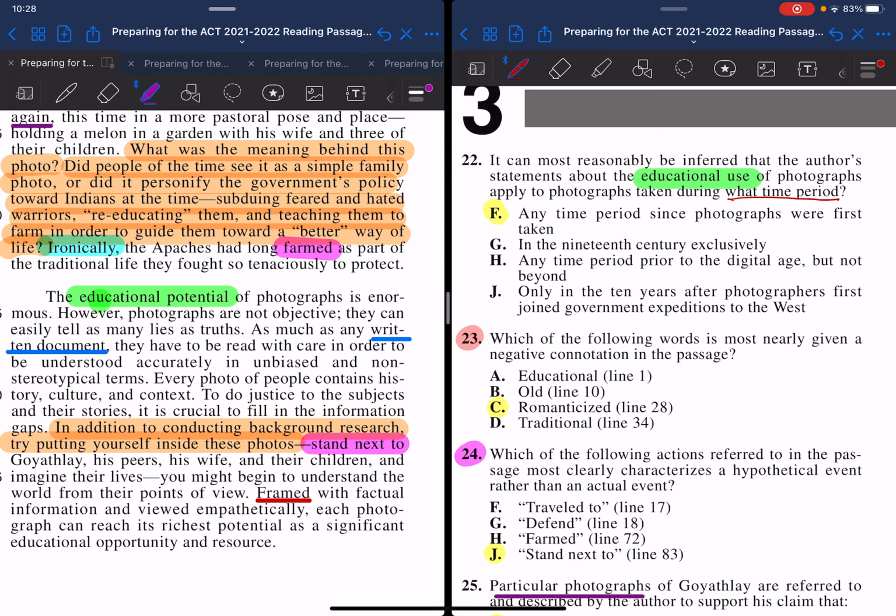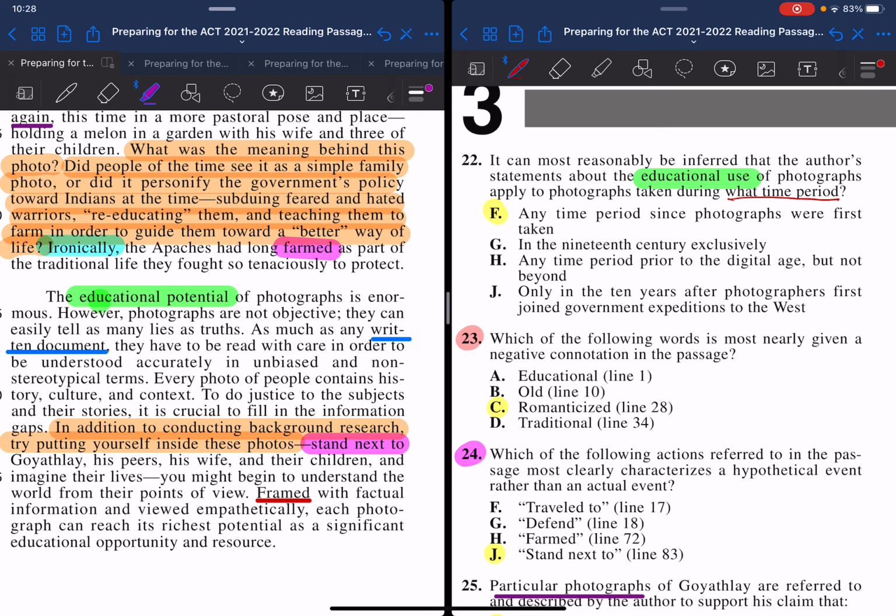where it asks, why was this photo taken? What meaning did it convey? What was the meaning behind the photo? 26. The author most strongly suggests that one reason commercial photographers began to photograph Native Americans was that commercial photographers were, now here I underlined the key verb, that photographers were instructed, that they were devoted, committed, or influenced.